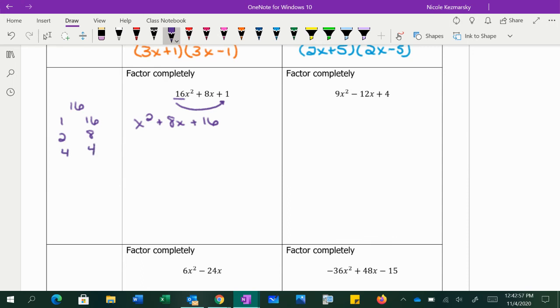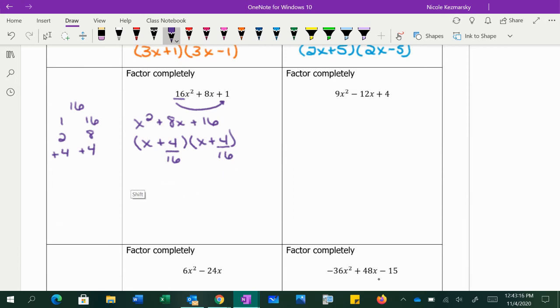I want the pair that's going to get me a positive 8 that still multiplies to positive 16. So that's going to be positive 4 and positive 4. So I'm going to set up x plus 4 and x plus 4. And I'm going to divide out the 16.